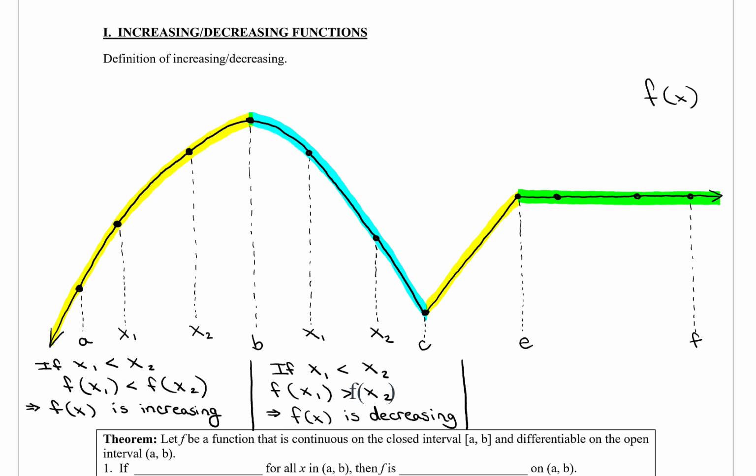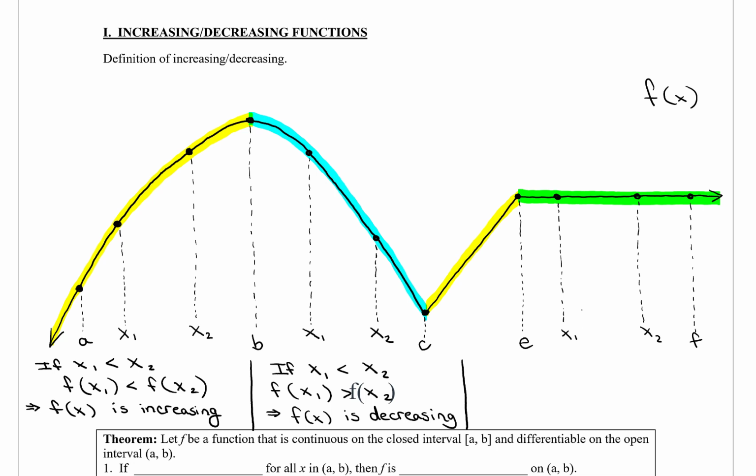I've drawn in 2 points in that interval from e to f. I'm going to label the first point that I have here as x sub 1. I've drawn a vertical dashed line segment going down, and I've labeled that with an x sub 1 for the x sub 1 coordinate. And the second point that is in between x sub 1 and f, I've gone ahead and drawn a dashed vertical line segment going down, and I've labeled that x coordinate with x sub 2.